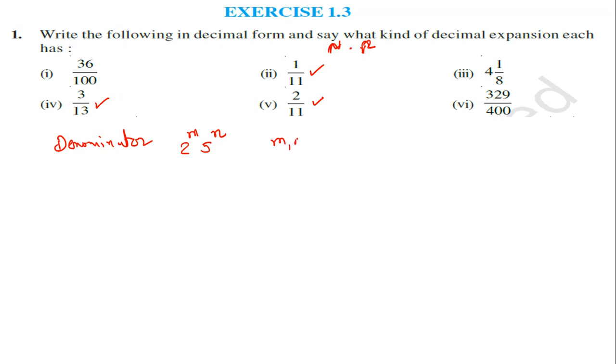Here m and n belong to W, sorry, not N. The whole number set means 2 raised to 0 can be there, and 1, 2, 3, 4, 5, 6, any kind of power, as well as 5 raised to 0, 1, 2, 3, 4, 5, any kind of power should be there.